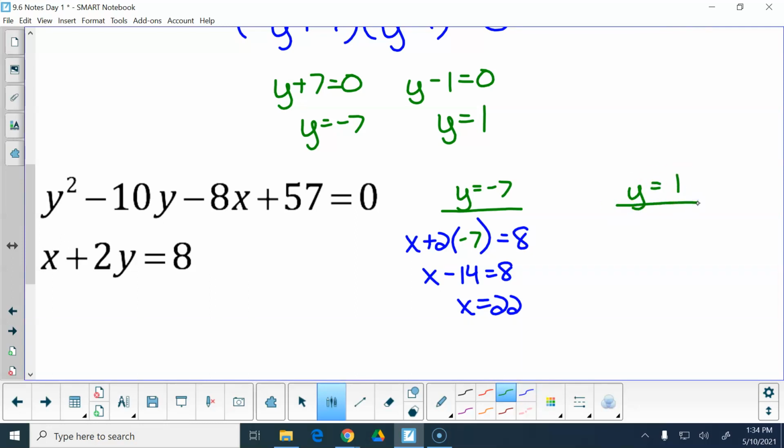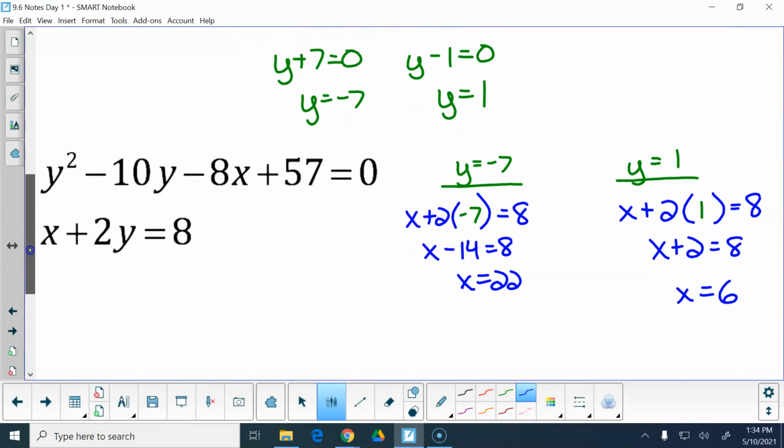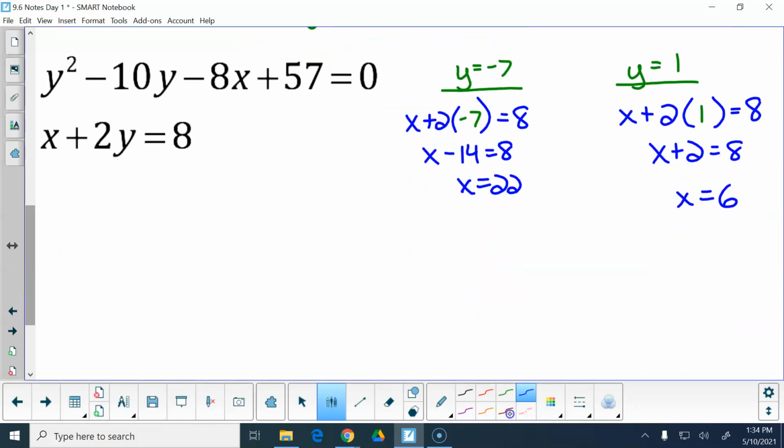Minus 1, then we've got x plus 2 times 1 is equal to 8. So my two potential answers are 22 comma negative 7 and 6 comma 1.